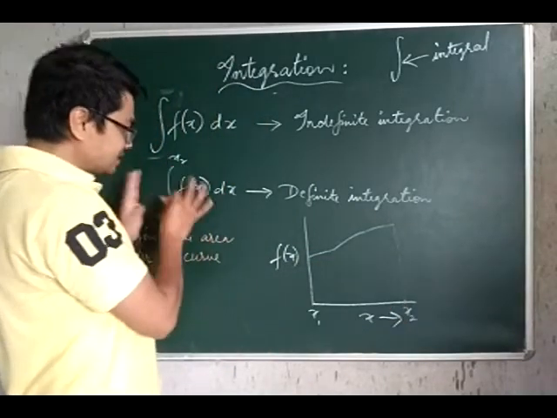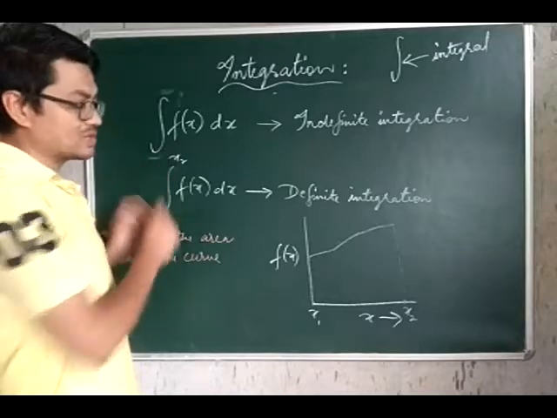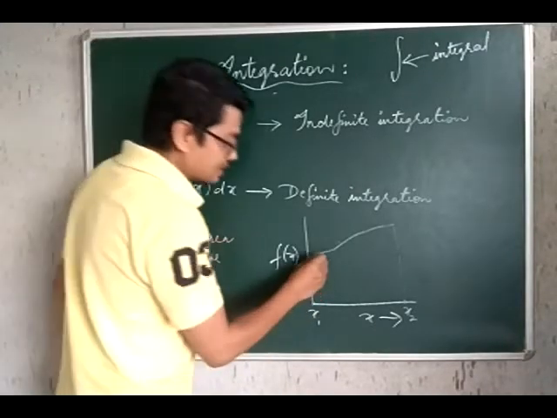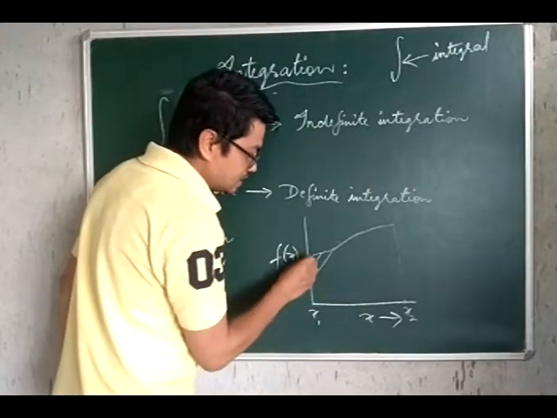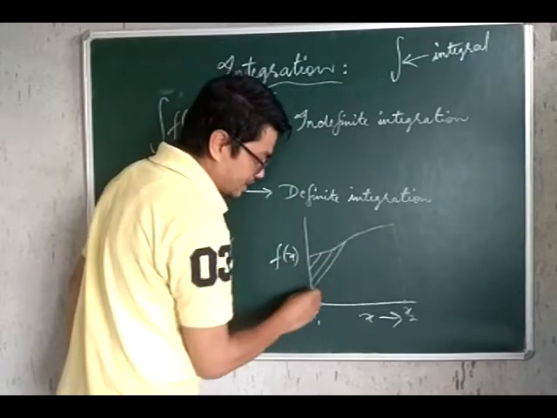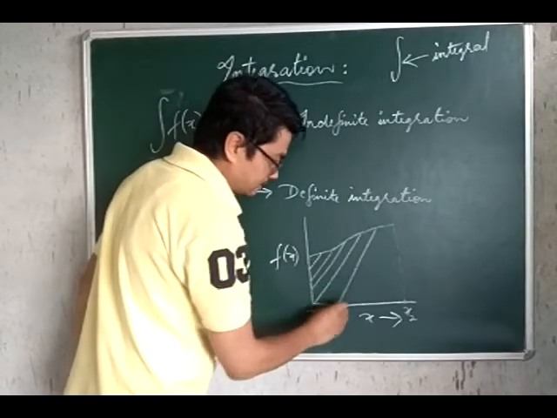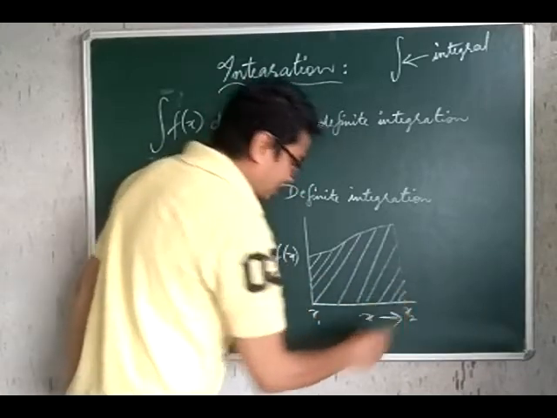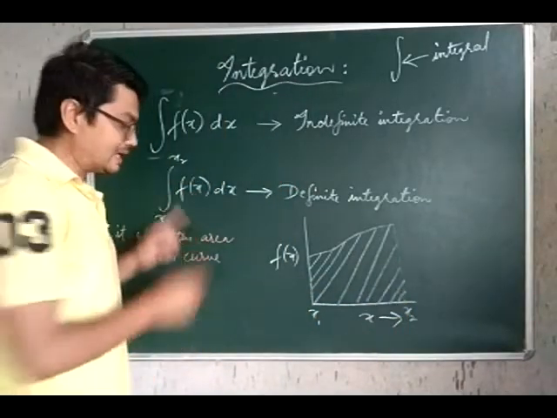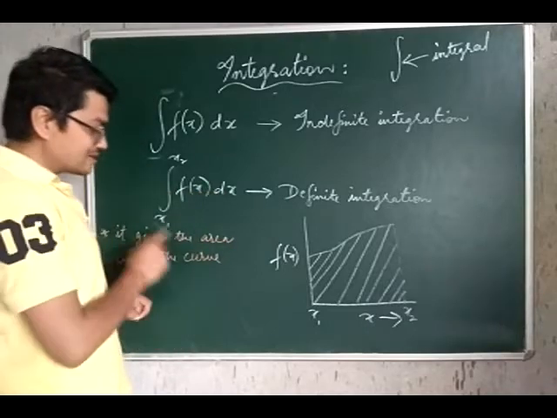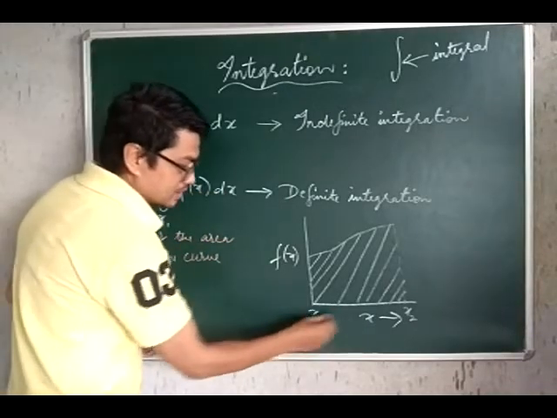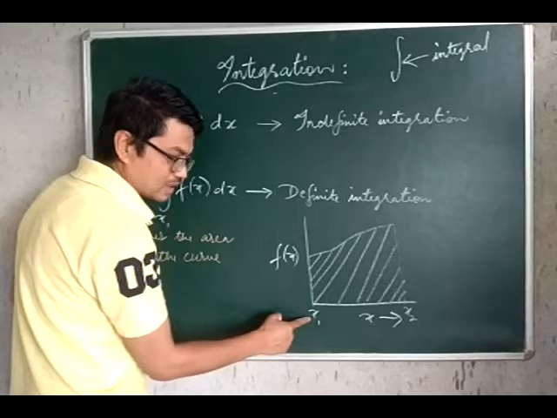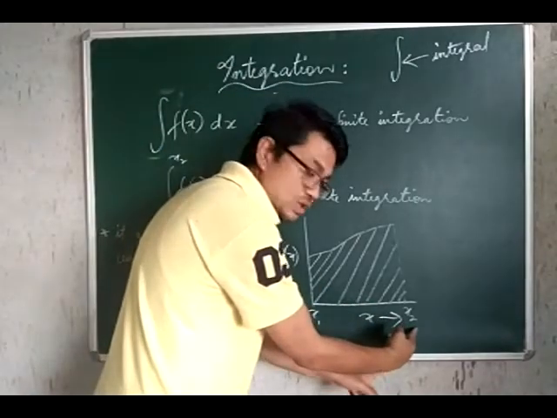Now what is integration of f of x from x1 to x2 giving us? It is giving us the area under this curve. This area is what is integration of f of x, and we are summing up from the value of x, which is x1, to another value of x, which is x2.